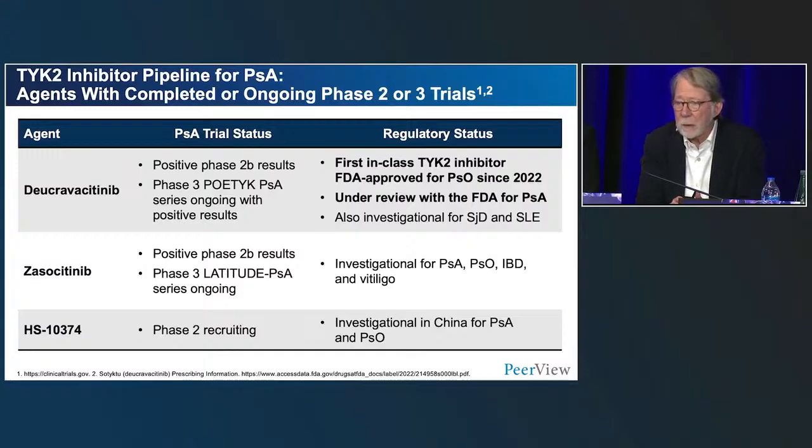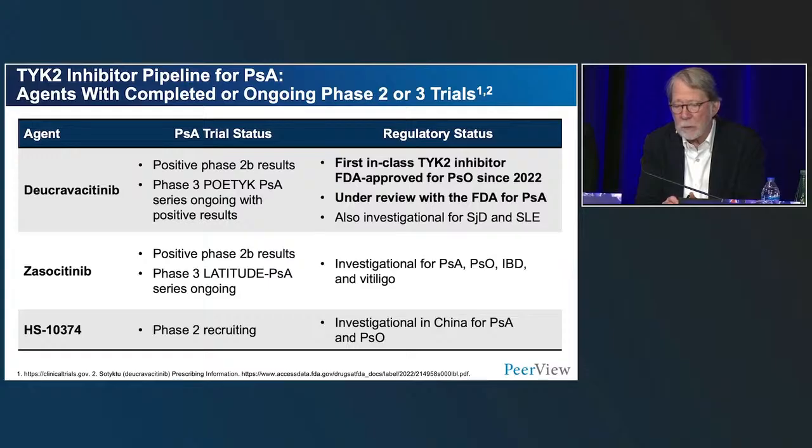And indeed, in the phase 2 program with Deucra in lupus, it was effective and strongly enough effective that it was worthy to go into phase 3. My understanding is that the enrollment for the phase 3 study has just completed. And so toward the end of next year, we're hoping to know some data about that.